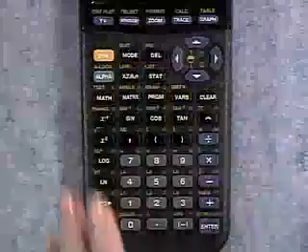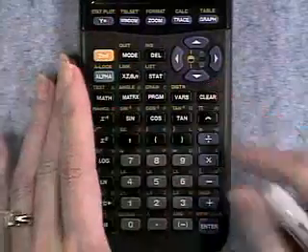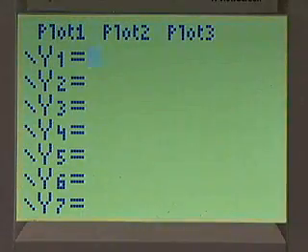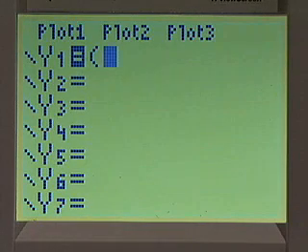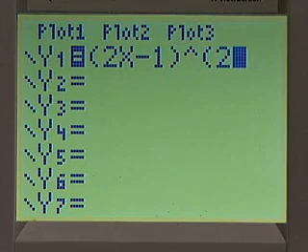Next, let's consider the same equation on the graphing calculator in order to see what the solutions would be to the inequality. Under our y equals key, I'm going to clear out the equation that we had previously. We're going to put as y1 2x minus 1 raised to the 2/3 power.